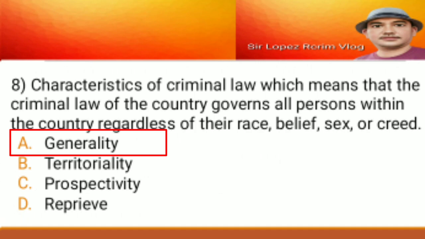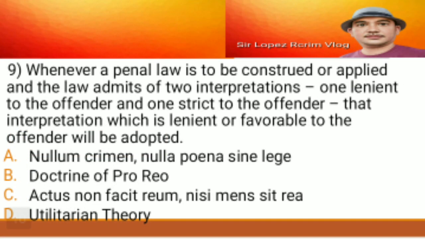Number 9. Whenever a penal law is to be construed or applied, and the criminal law admits of two interpretations, one lenient to the offender and one strict to the offender, the interpretation which is lenient and favorable to the offender will be adopted. So this is the principle of letter A, nullum crimen, nulla poena sine lege. Letter B, doctrine of pro reo.